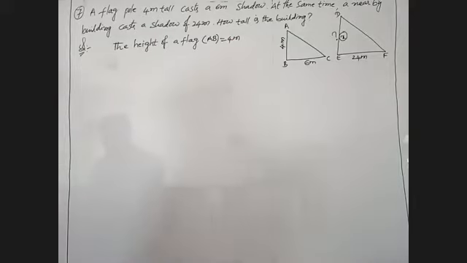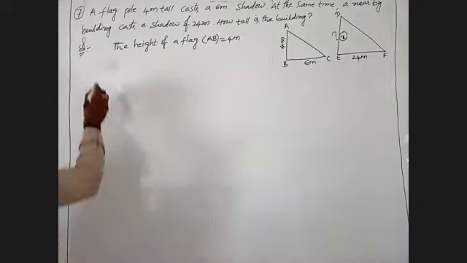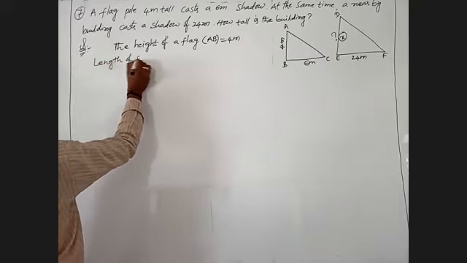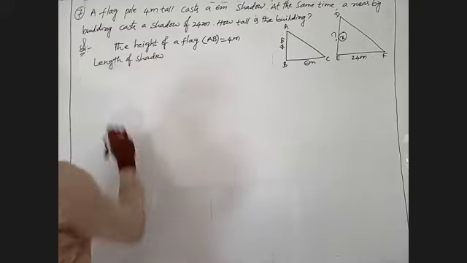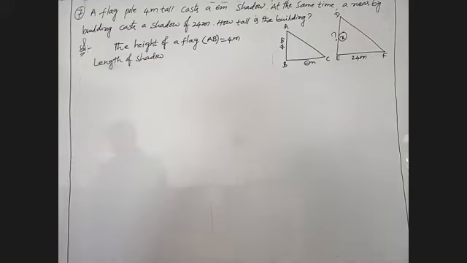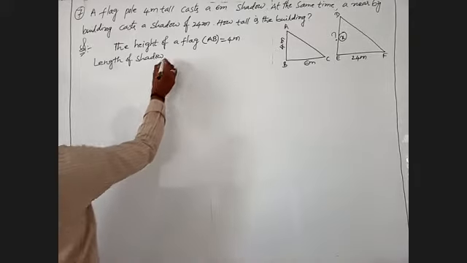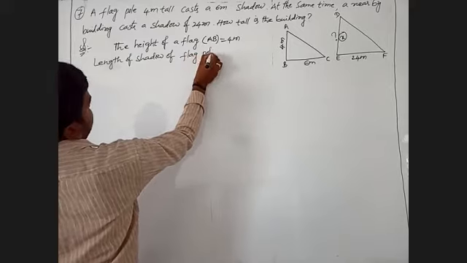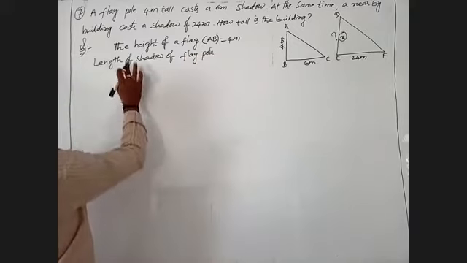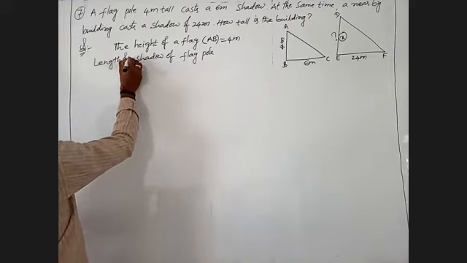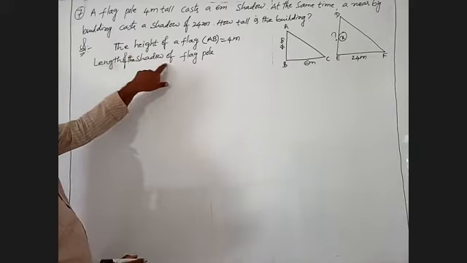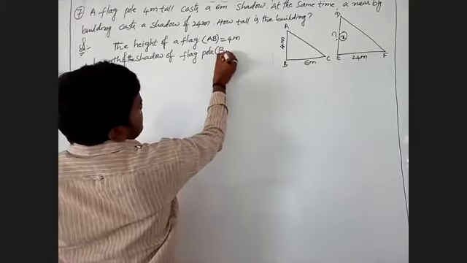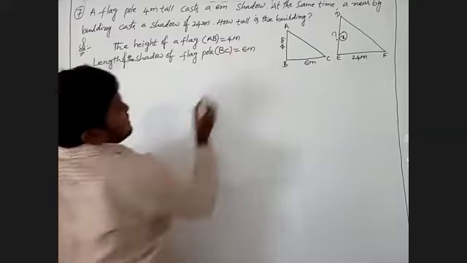After that, the length of the shadow of the flagpole is nothing but DC, which is equal to 6 meters, given.